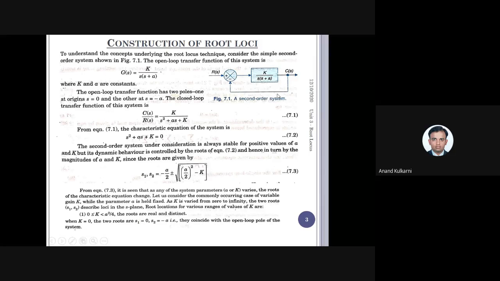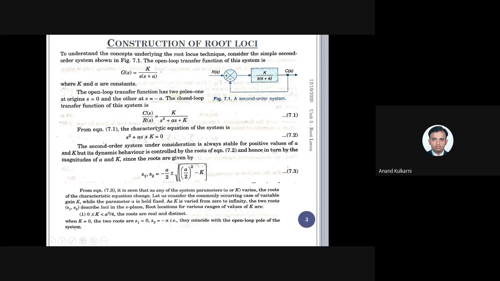If you simplify that, it will become K divided by s square plus 2as plus K. That means it is a second order system because the highest power of s is 2. This is the open loop transfer function. This is the closed loop transfer function.